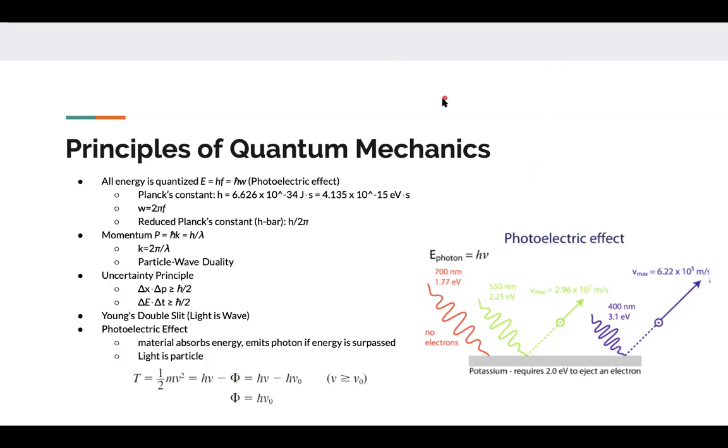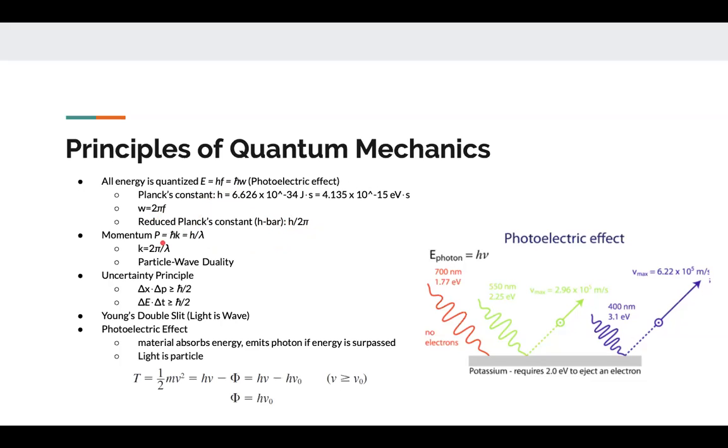Also, a couple interesting things to note. You can also use h bar times omega for your energy equation, where omega is equal to 2 pi f, and h bar is just Planck's constant divided by 2 pi.